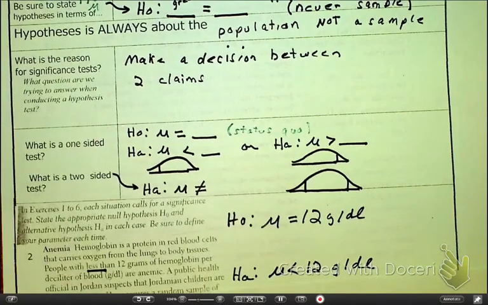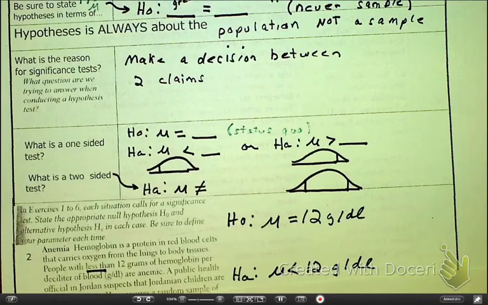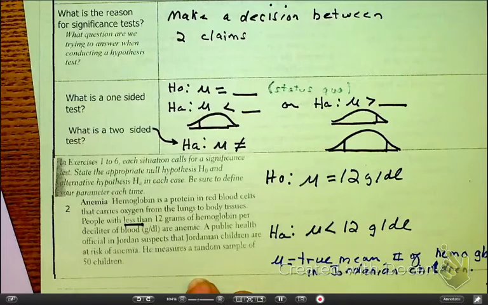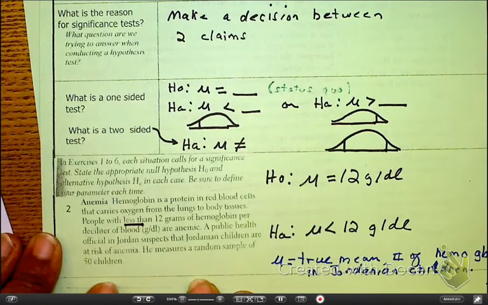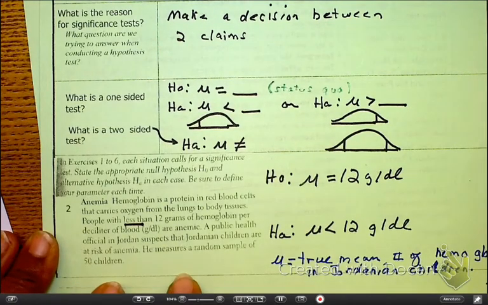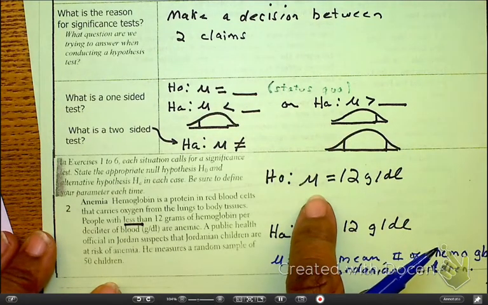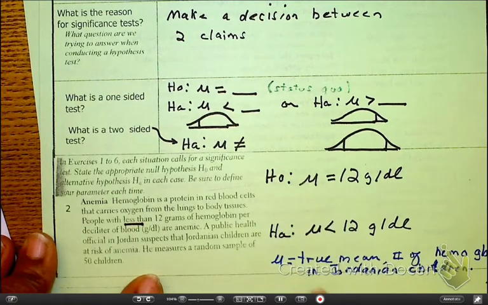Now let's turn to the next page. Okay, please take a moment to read over this. Now, before I go on to number 4, I wanted to finish this off because it was incomplete. Because I've got my H0 and my HA, which is my mu, remember it's all about the Greek, and as we're looking at this, what does mu truly represent?